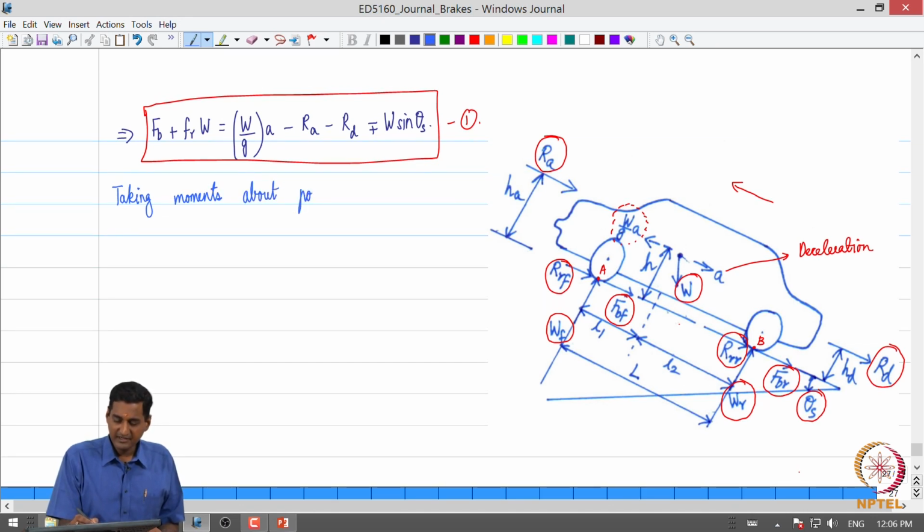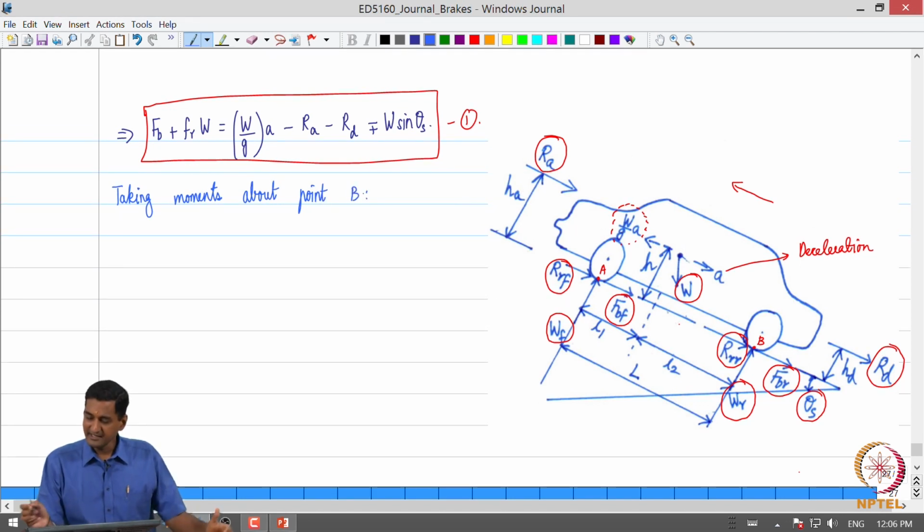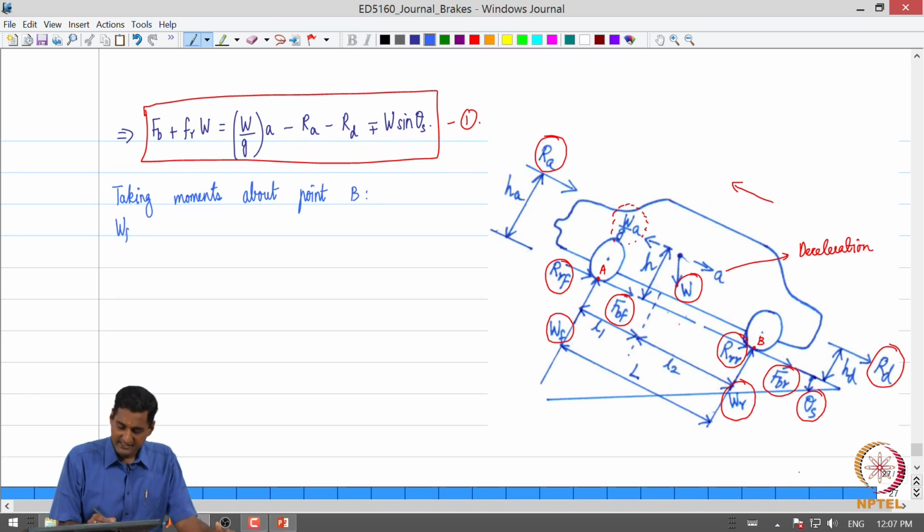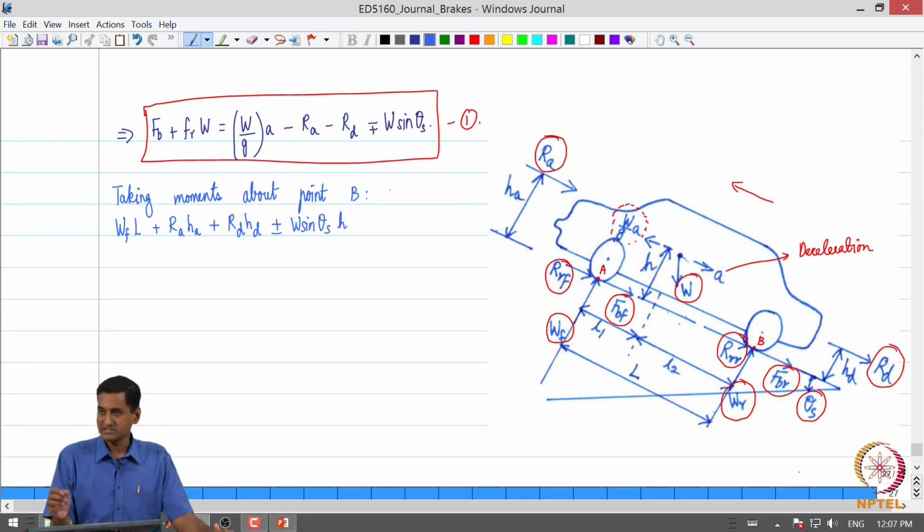we obtain the following. So, we can immediately see that WF times L is a clockwise torque, and then we have RAHA is another clockwise torque, plus RDHT is another clockwise torque, plus or minus W sin theta S times H is another clockwise torque, right.